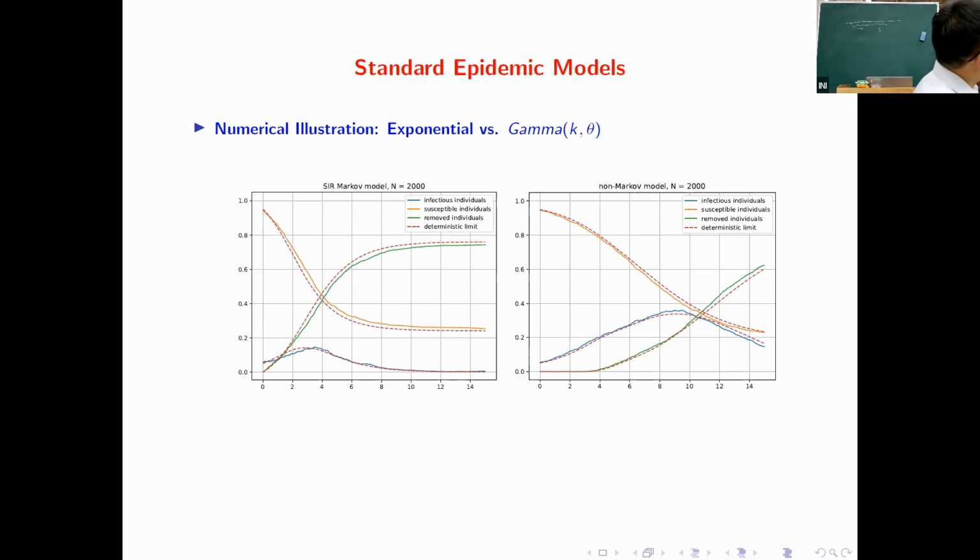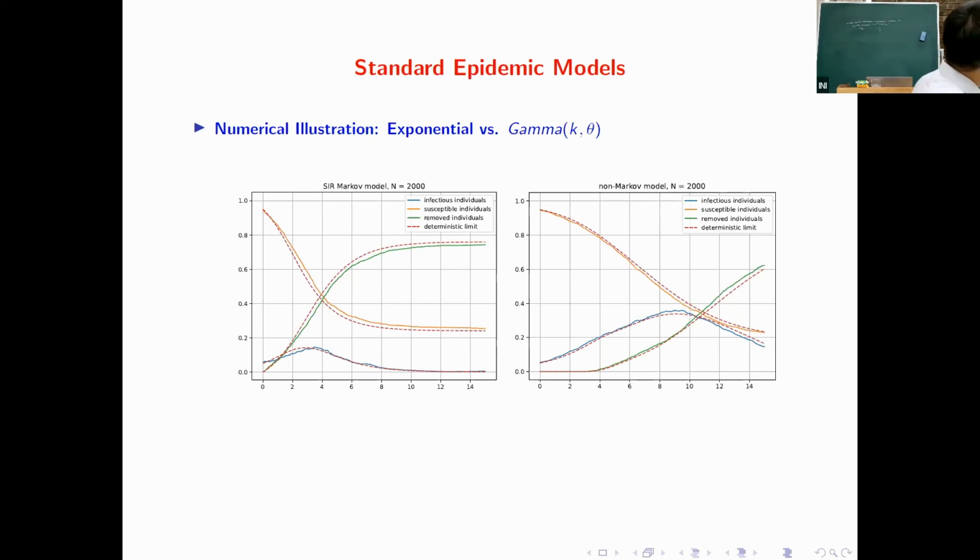We choose gamma distributions, with the parameters chosen so that the means are the same. So now you see, for these two types of distributions, the non-Markovian model, the integral equations, actually has a higher peak for the infection, and it takes a longer time to recover.